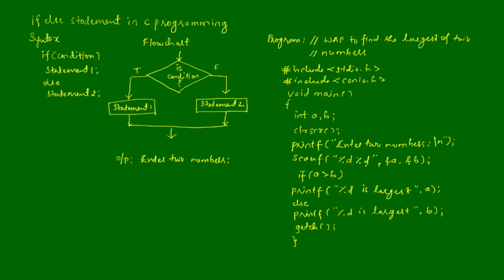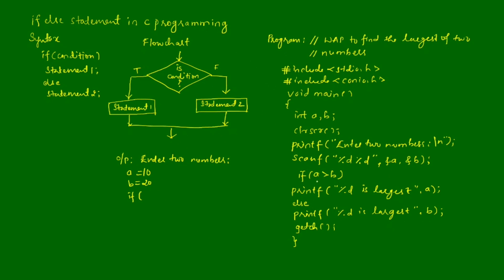Here %d represents integer type data for both of these two variables. Let us suppose I'm going to write 10 and 20. So this 10 will be stored in the variable called a, and this 20 will be stored in the variable called b.